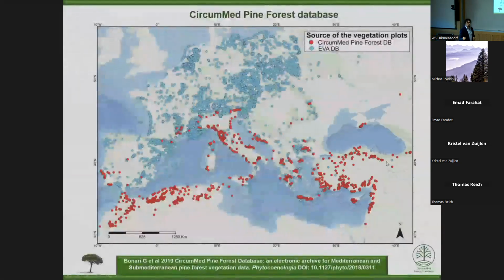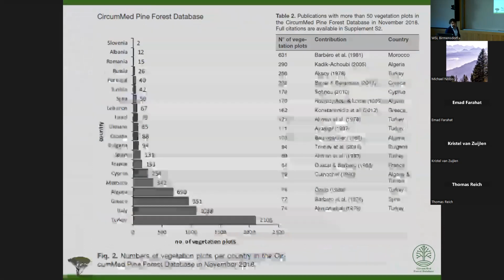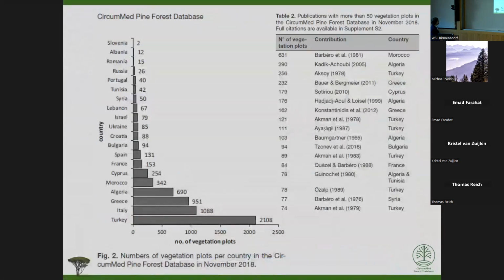For those who are not familiar with it, a vegetation plot includes all the species within a quadrat with abundances of all species there. So it's an enhanced form of the species occurrence. So you have the relative presence of species there. So here is just a small overview.